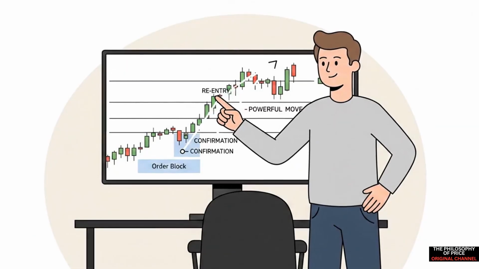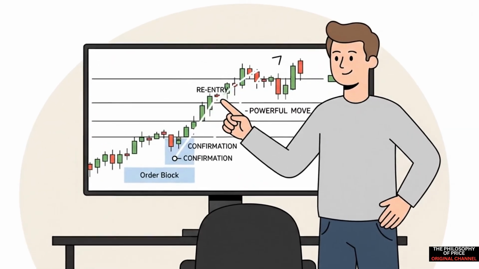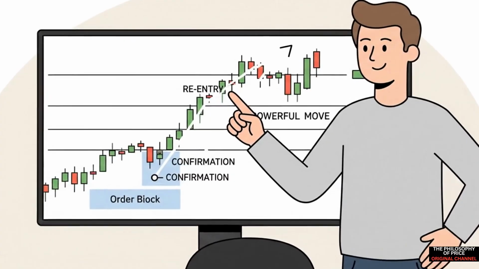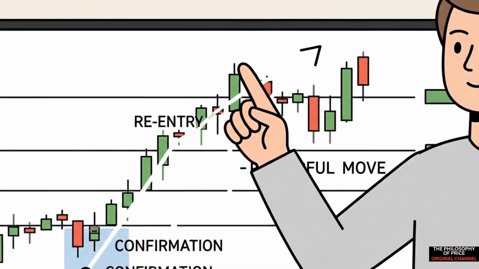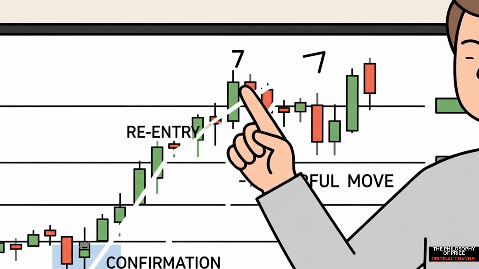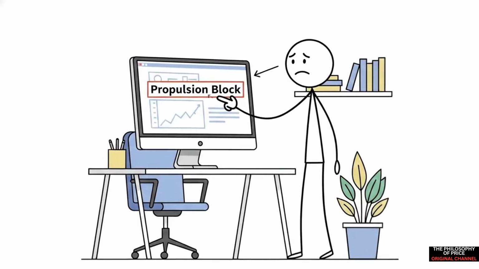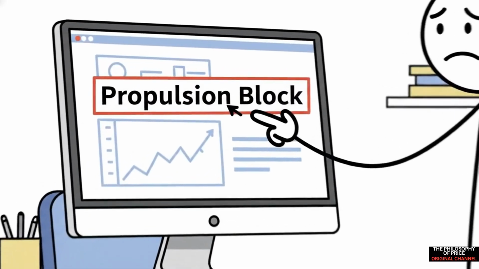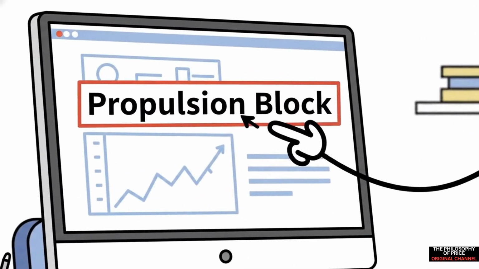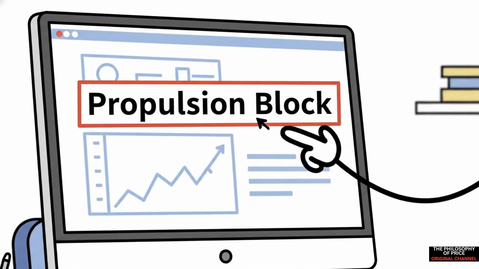The second is the propulsion block, which materializes when price re-enters a previously established order block, confirms its validity, and then powerfully moves away. This action serves as a strong confirmation, indicating a renewed wave of aggressive market flow after liquidity has been reaccumulated in that zone.